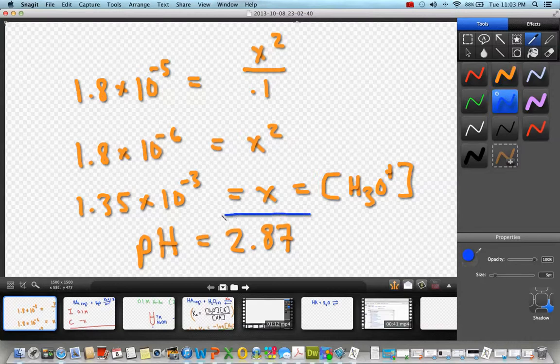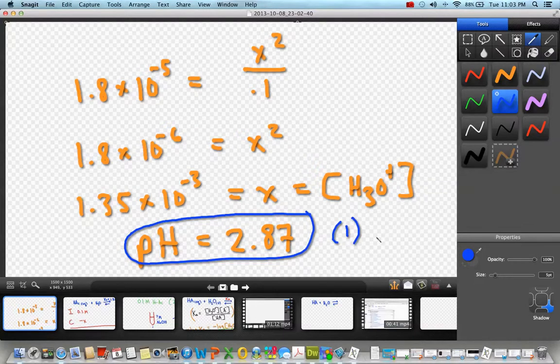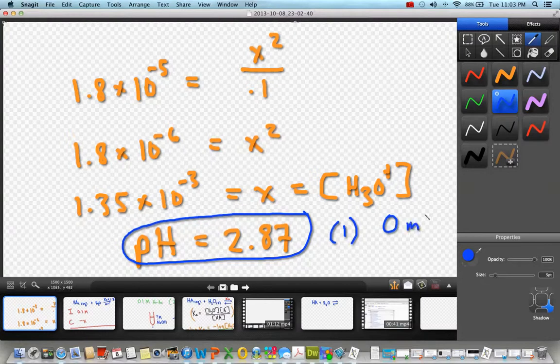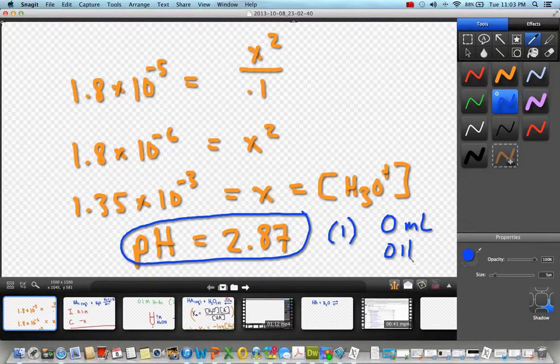Just like we did in class on Monday. So our initial pH before any base is added should be 2.87. This is 0.1, where I've added 0 milliliters of NaOH.